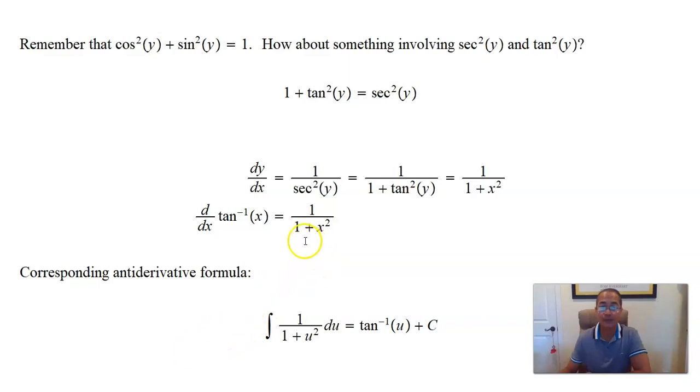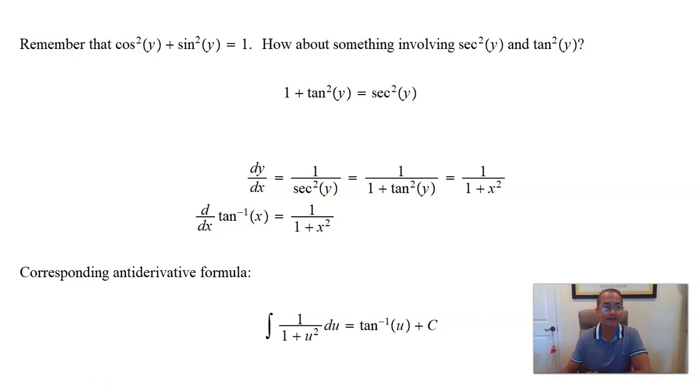So careful, there is no square root in this formula. But every derivative formula has a corresponding antiderivative formula, so we can rewrite this as the antiderivative of 1 over 1 plus u squared du is inverse tangent of u plus c.